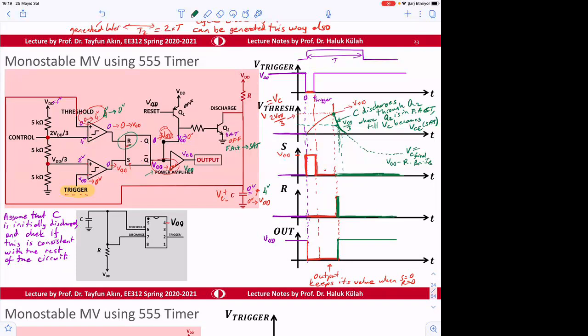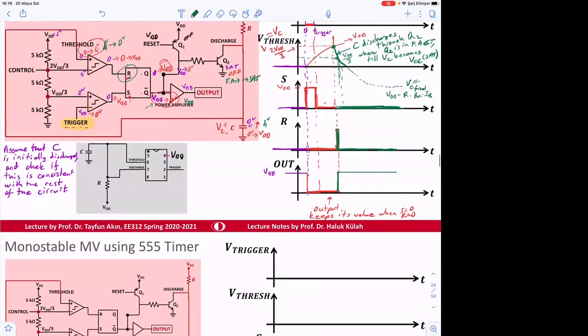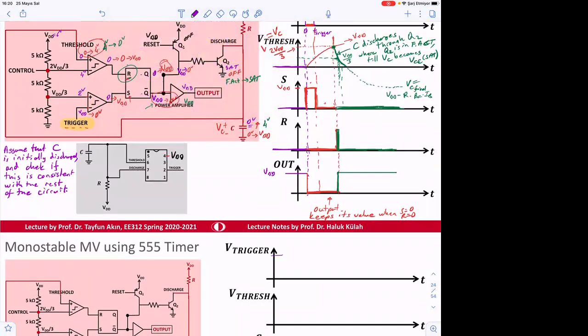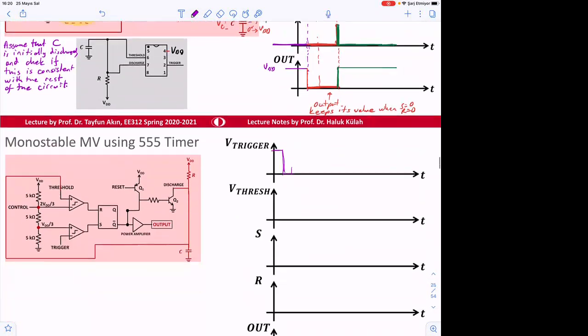I hope this is clear. And the idea is, again, if we do it here until the trigger comes in here, the output will remain like that. And then threshold voltage is initially 0.